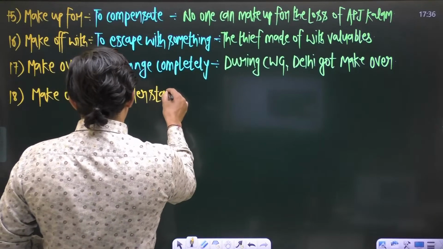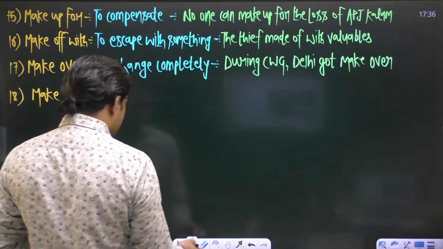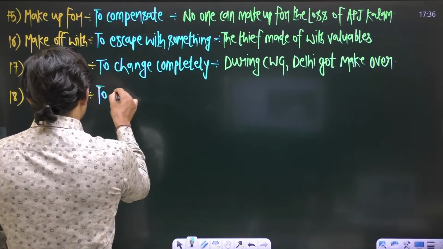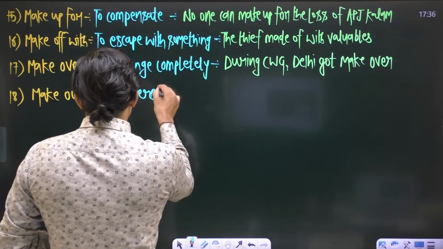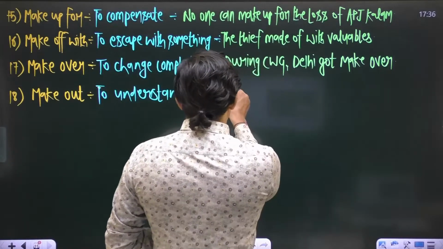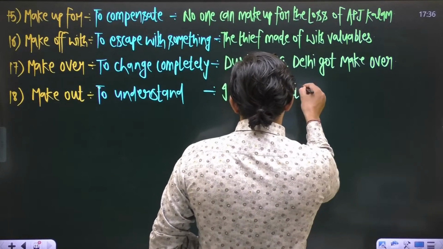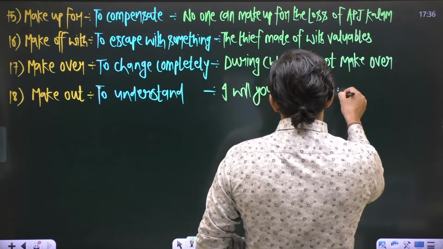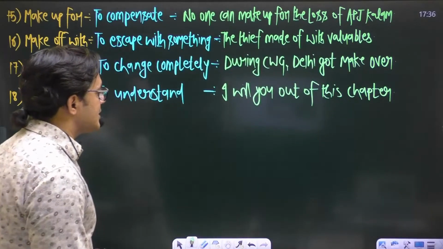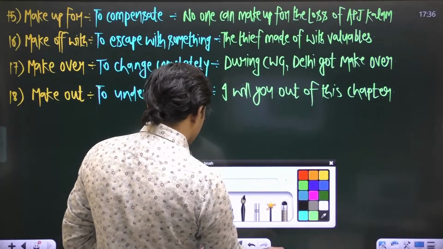Sentence: I will make you out of this concept, or this chapter. I will make you out of this chapter. So these are the phrasal verbs based on the verb make.